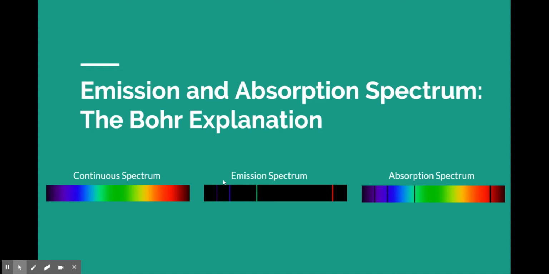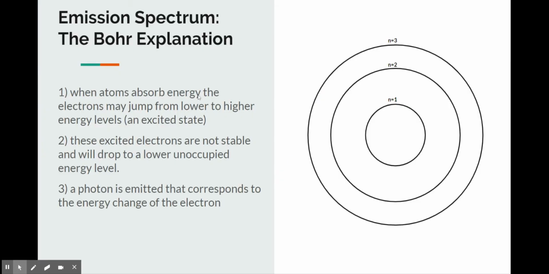Emission spectra, you'll see, are these bright bands we've already talked about. And when we're done, I want you to challenge yourself to think about absorption spectra a little bit, and how those could be explained using the Bohr model, just using a little bit of reverse thinking. So let's talk about the Bohr explanation of the emission spectrum.